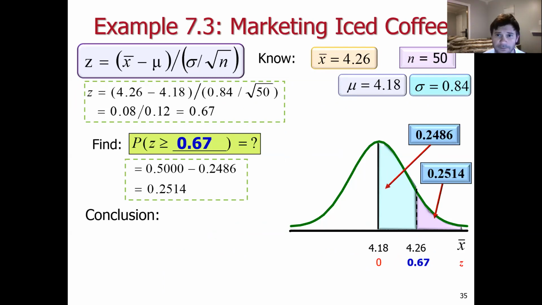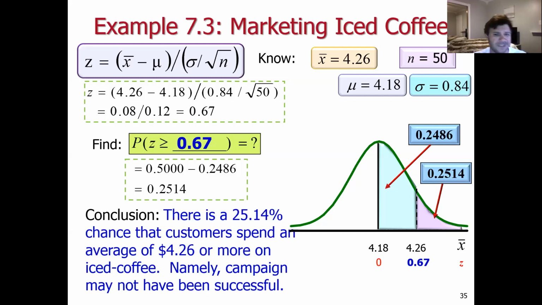Okay, which is, you know, pretty reasonable, I suppose. And some might conclude that perhaps the campaign was not that successful if even without it, there was a 1 in 4 chance that somebody would be spending that much money.